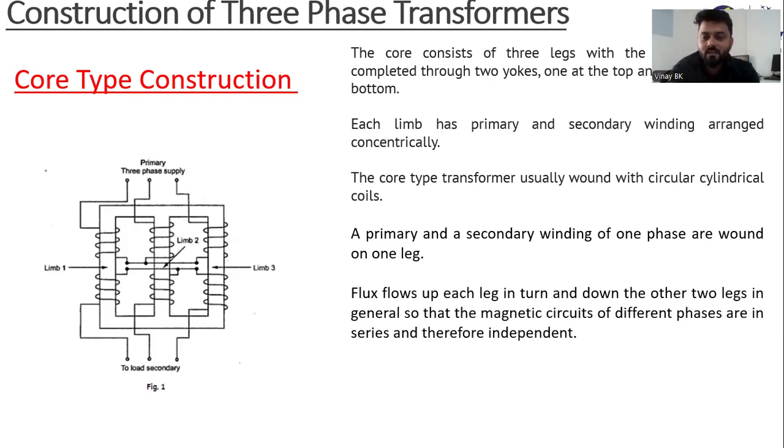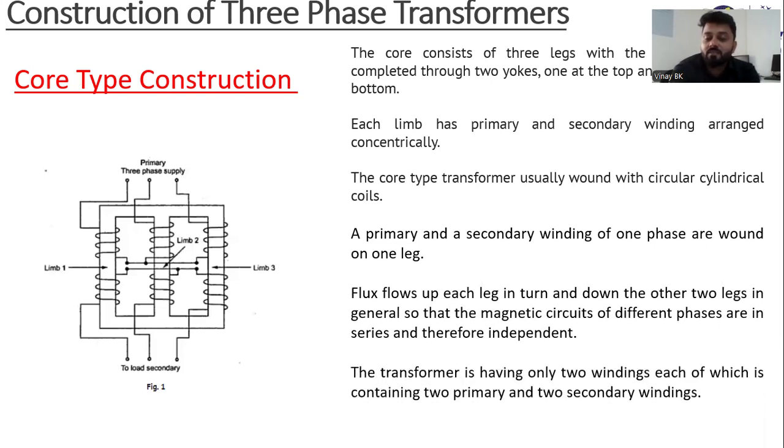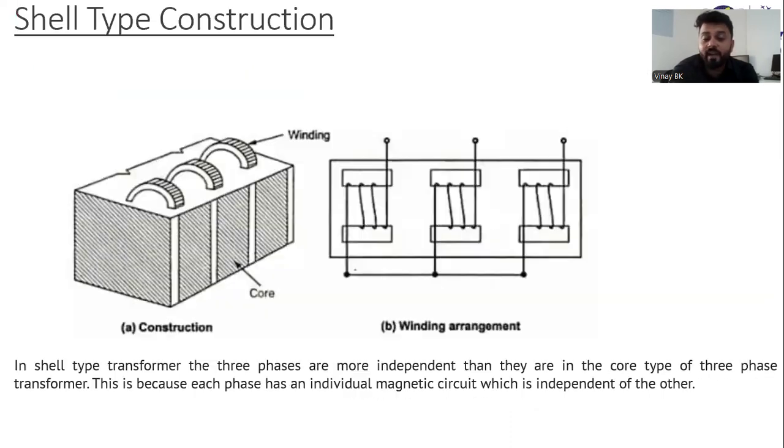In general, the magnetic circuits of different phases are in series and these are independent. The transformer has only two windings, each of which contains two primary and two secondary windings.